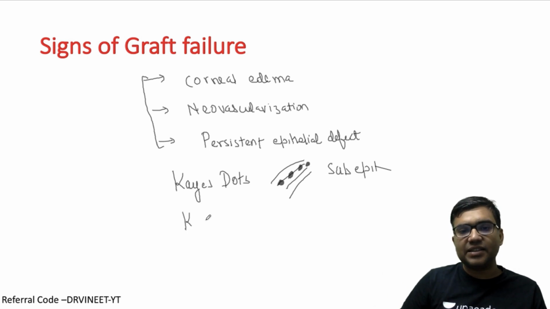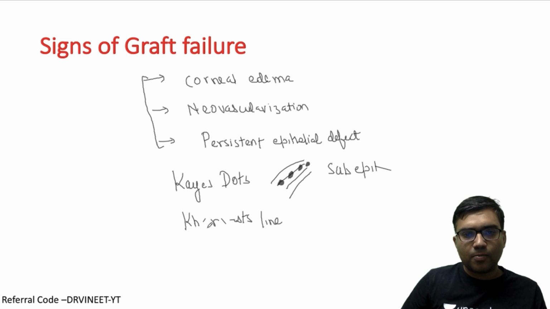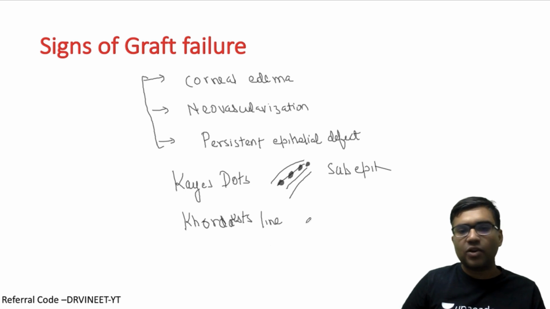Then the next is Kodot's line. Okay, Kodot's line. So what is Kodot's line?